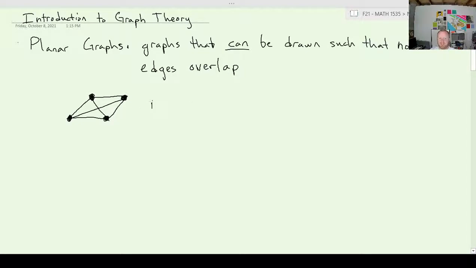I can say in this arrangement, the edges overlap, but this is still a planar graph.